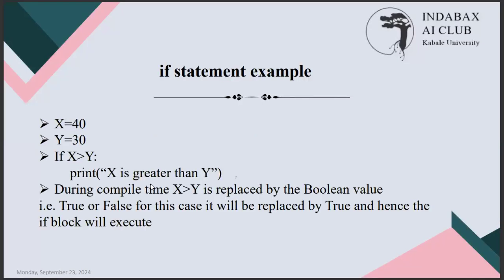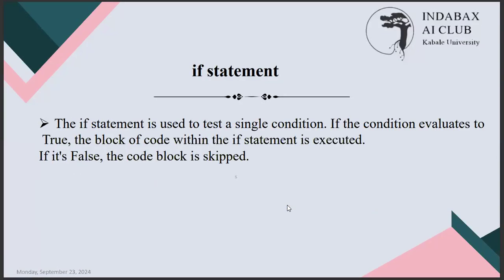We are saying during compile time, x greater than y is replaced by the Boolean value that is true or false. For this case, it will be replaced by true, and hence the if block will execute. Remember, we said that if the condition evaluates to true, the block of code within the if statement is executed.